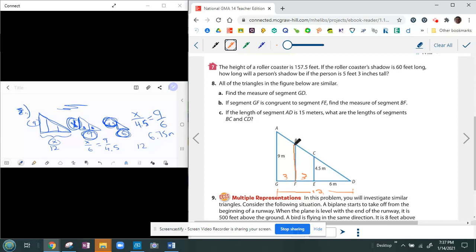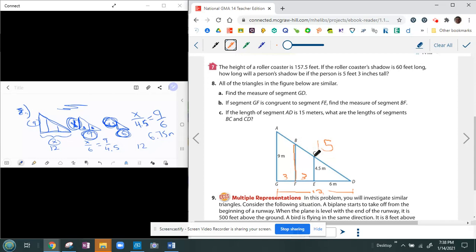Okay, and then if the length of segment AD is 15, so A to D all the way there, that's 15. What are the lengths of the segments BC and CD? BC, B to C, and C to D. Okay, well, wow. You know what?